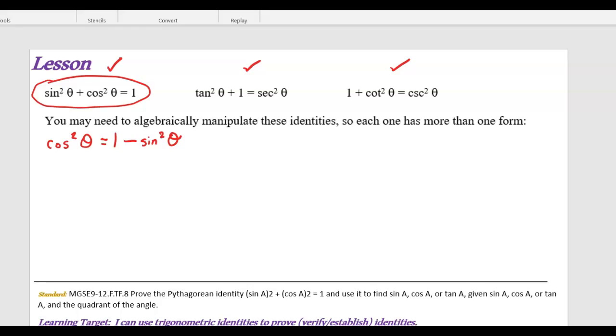So in a problem, if I replace 1 minus sine squared of theta with cosine squared theta, the reason is going to be the Pythagorean identity. Okay, and another variation: if I take both sides of the OG and subtract cosine squared theta, I'll get sine squared of theta equals 1 minus cosine squared theta.